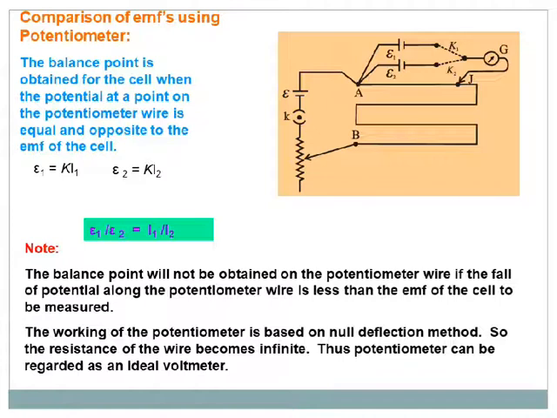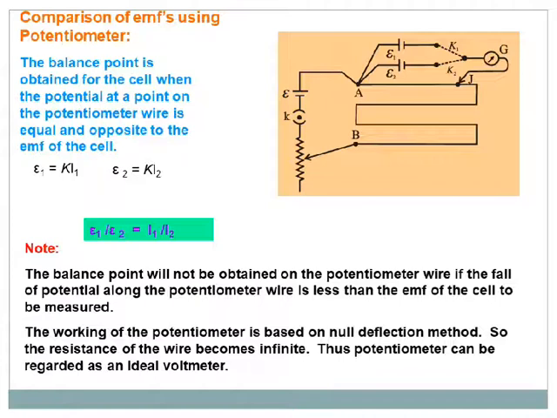Now we are going to see the working and the principle on which it is used. This is the null deflection method. What is the null deflection method? We are going to find the balancing point on the wire. Balancing point means that when we touch the jockey on the wire, we see zero deflection on the galvanometer. That means at that point the whole circuit is balanced, so it shows zero deflection.